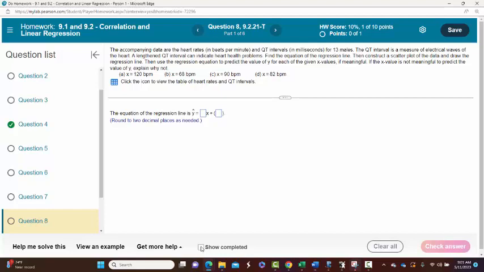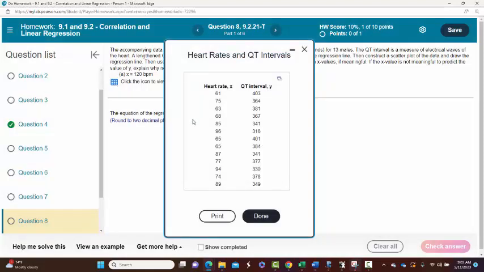I did not know that, but my nurses out there probably know that. Interesting. So we are trying to predict the QT interval based on the heart rate.